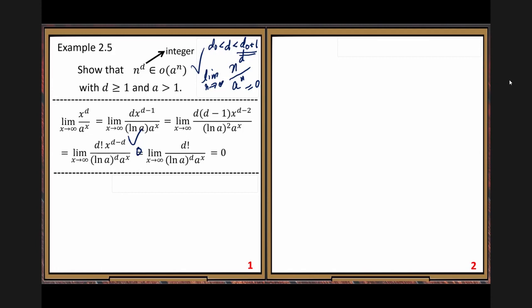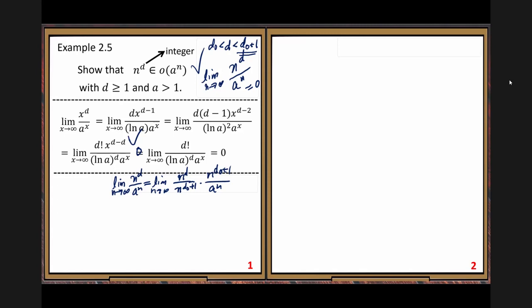Because when we take the limit as n goes to infinity of n to the d over a to the n, can we write it as n to the d over n to the d0 plus 1, times n to the d0 plus 1 over a to the n?